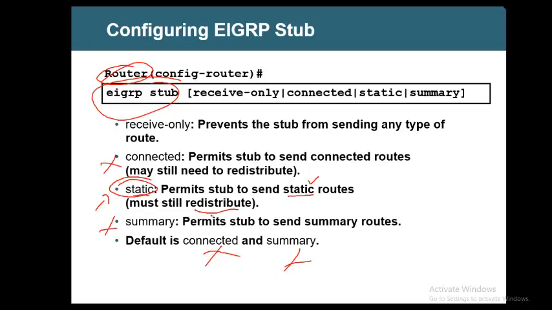It advertises only the redistributed route, the static route. Other than that, all other things will be filtered. And there is a special note again saying, only for these networks I am responsible.